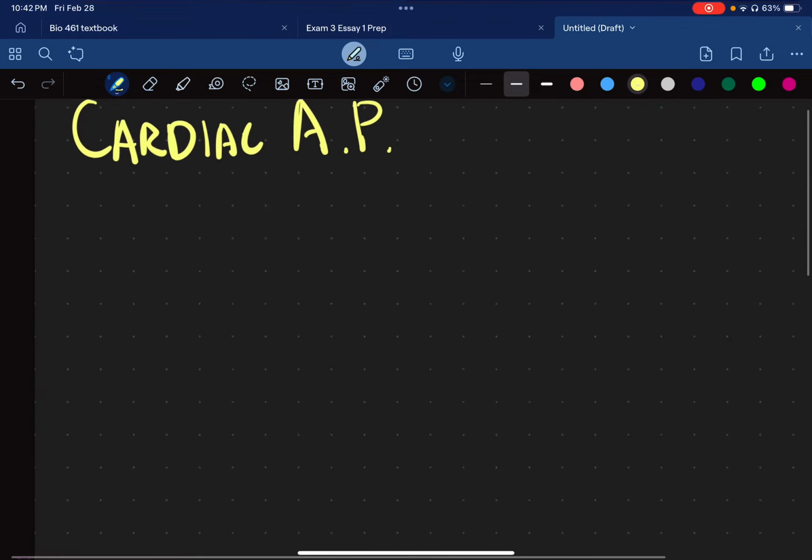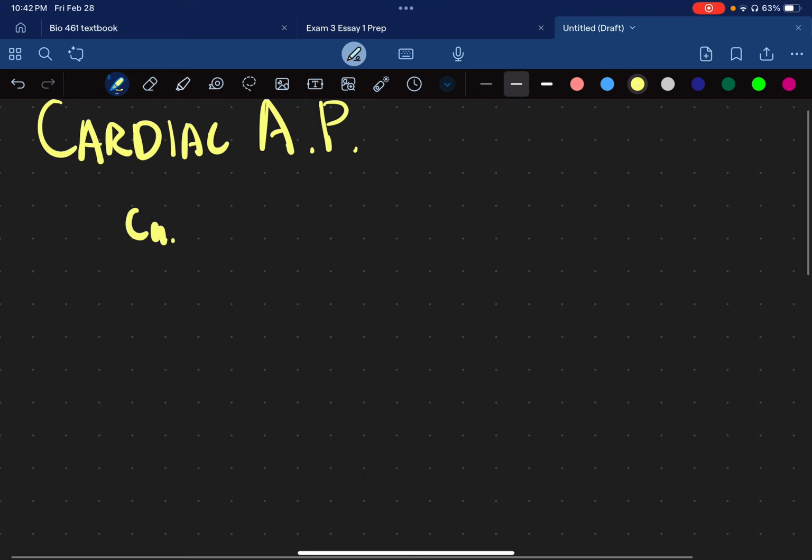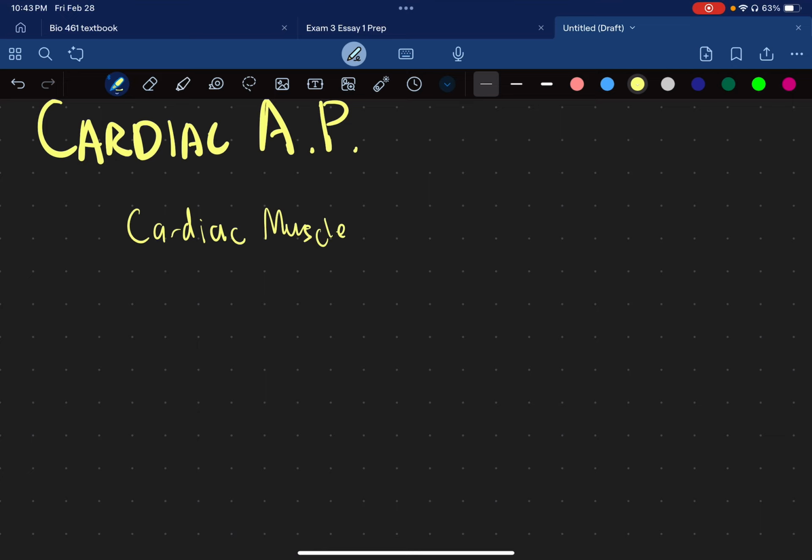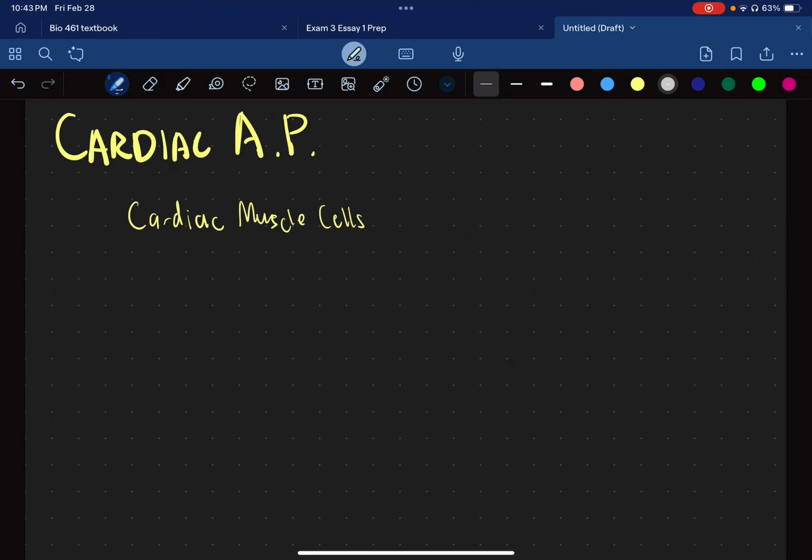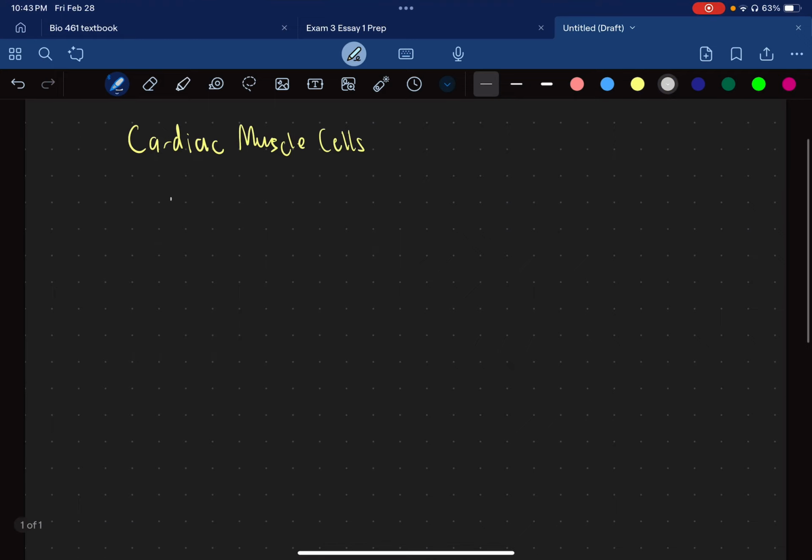We'll start out with the majority of the muscle cells in the heart, besides the pacemaker cells. So they're going to have an interesting looking action potential graph if we draw it here.